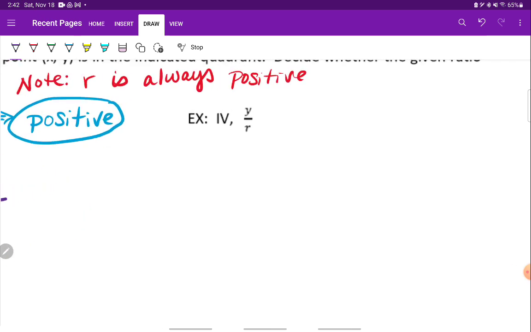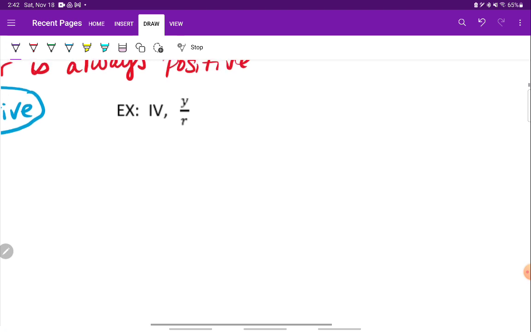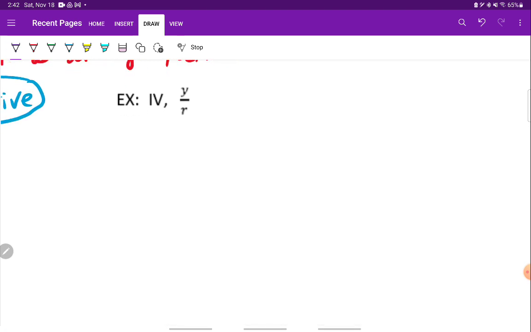In our next example, we're going to be in quadrant 4, and we want to decide whether y over r will be positive or negative. So I always like to draw a picture. So I'm somewhere in quadrant 4. In quadrant 4, the x value is positive and the y value is negative.